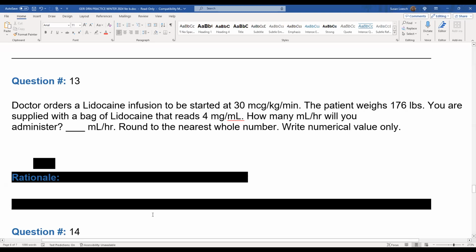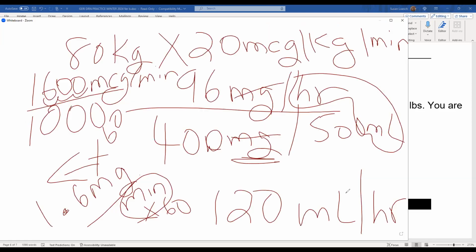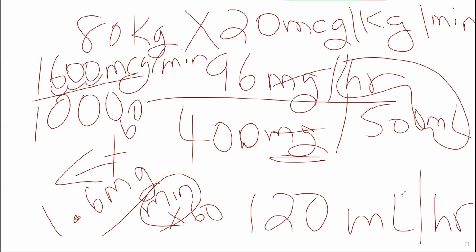And we're going to calculate our desired dose. So we're going to write down our 30 micrograms per kilogram per minute and our weight of 176 pounds. So our weight is in pounds. We're going to have to do one extra step here, and that's convert the weight. And we're going to leave everything in the calculator when we do it.